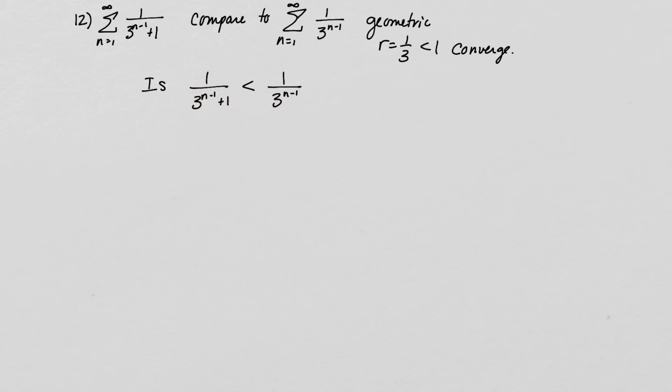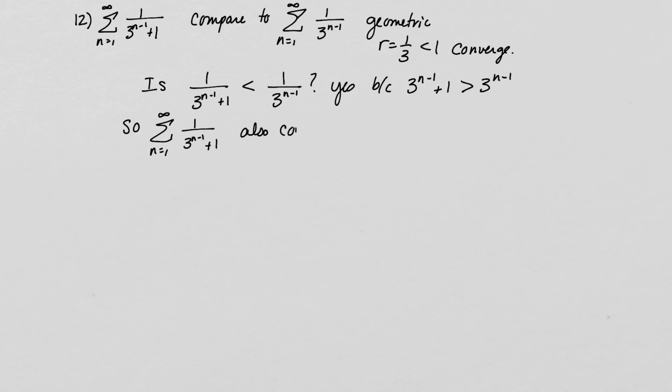So this is bigger, which means this whole fraction is smaller than that whole fraction. So yes, because 3 to the n minus 1 plus 1 is bigger than 3 to the n minus 1, our original series, summation n equals 1 to infinity, 1 over 3 to the n minus 1 plus 1, also converges.